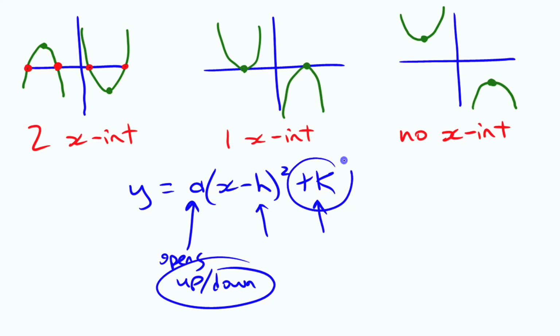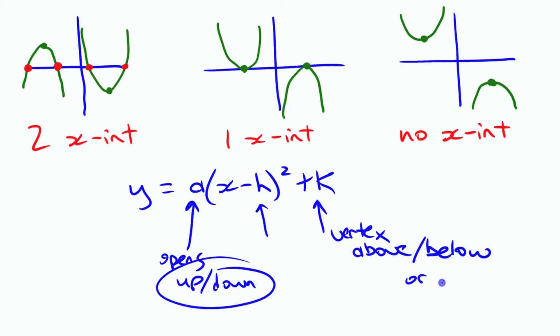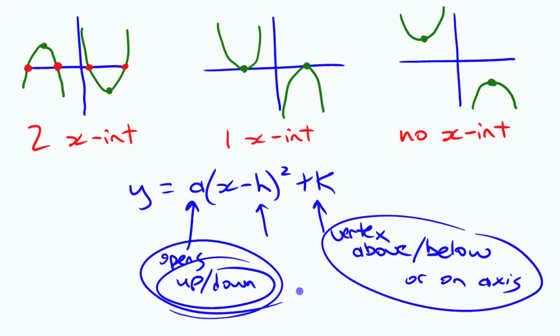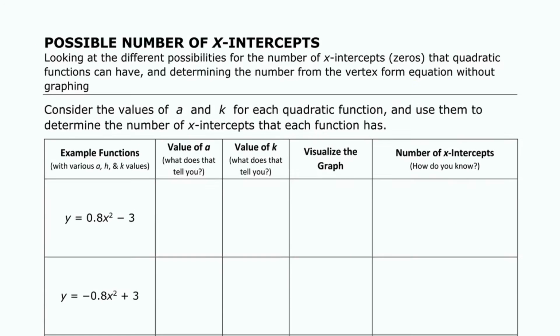If you think about it, k is the one that's going to affect whether it's above or below. Vertex above, below, or on the axis. Right? So there's actually three cases. It could be below, on, or above. Those two things together are going to let you make the decision on how many x-intercepts there are.